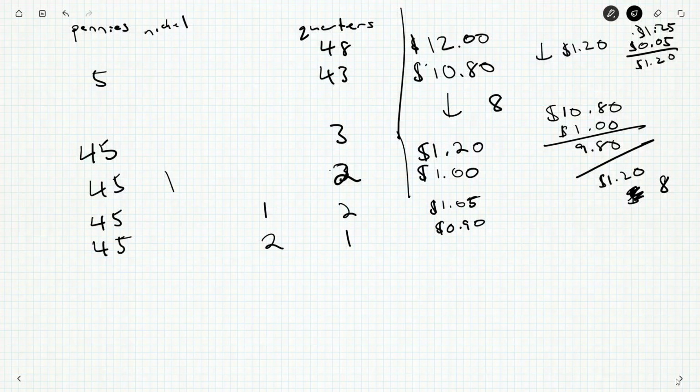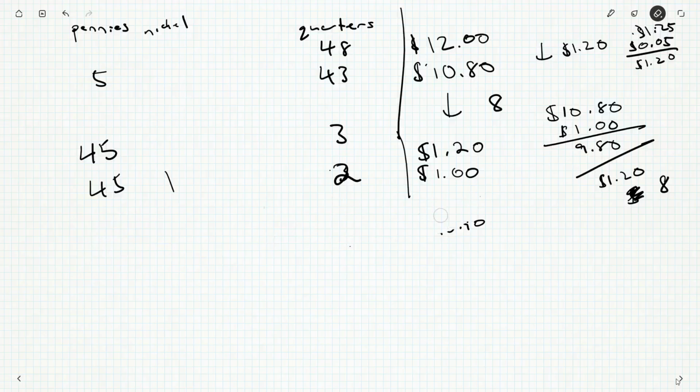Well, hold on. Let's go back a moment. So sure, we can't do it with 45 pennies, dimes, and quarters. But what if we were back here at, say, 8 and 40? What would we have? We'd have $2 from the quarters, and so we'd have $2.40. Okay.